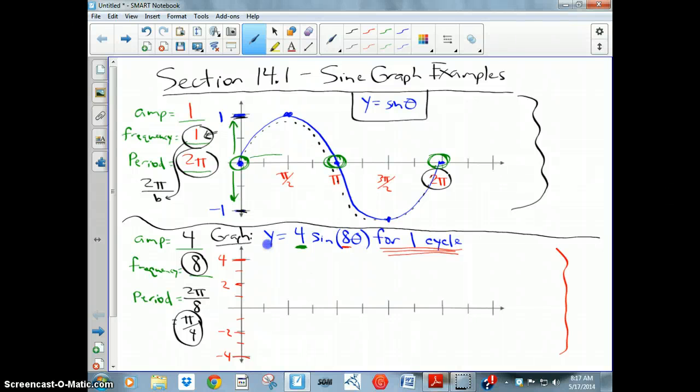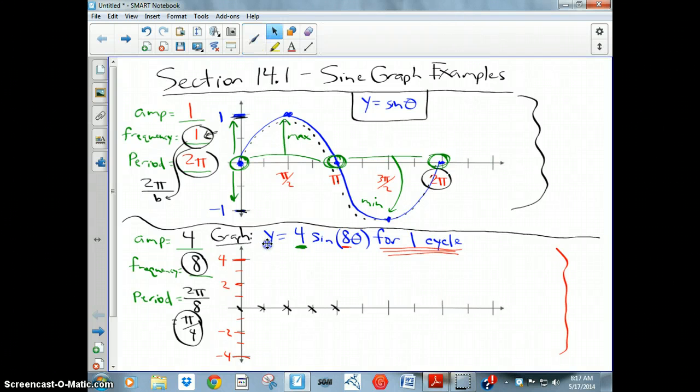And halfway between these two dots, it's at its max. And halfway between these two dots, it's at its minimum. So we always need 5 numbers. Therefore, I need 5 lines that I need to count. I'm going to count 1, 2, 3, 4, 5 lines. It doesn't matter how you do this, but I need 5 lines for my 5 dots.